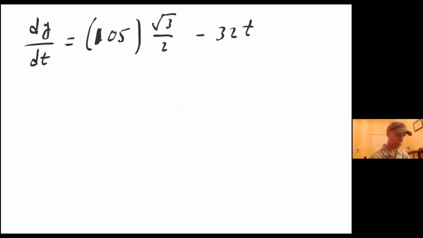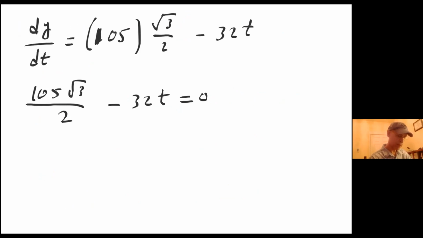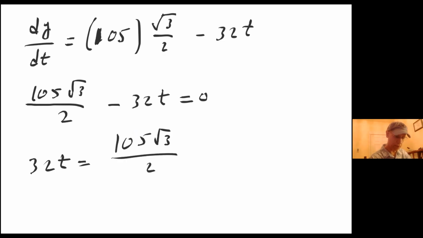And setting that equal to 0, I'm going to have 105 root 3 over 2 minus 32t equals 0. So I have 32t equals 105 root 3 over 2.